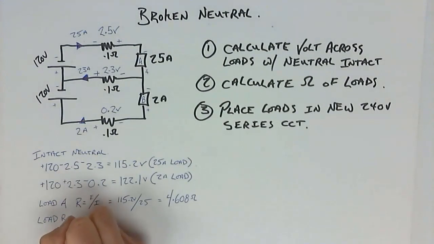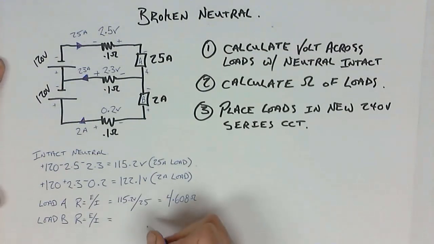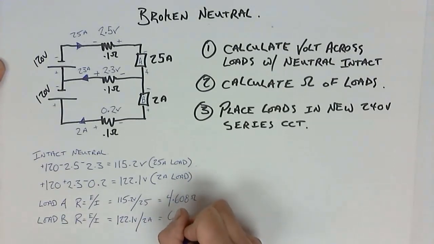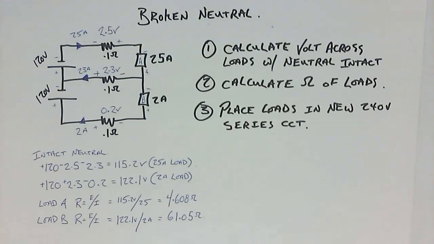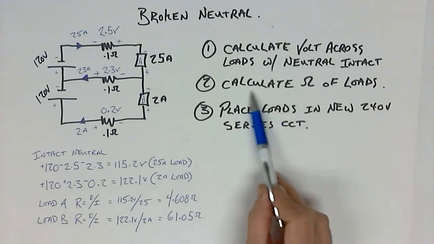Load B, R is equal to E over I, which means the current and the voltage. So we have 122.1 volts divided by 2 amps, 61.05 ohms. All right, I've calculated the ohms of the loads.